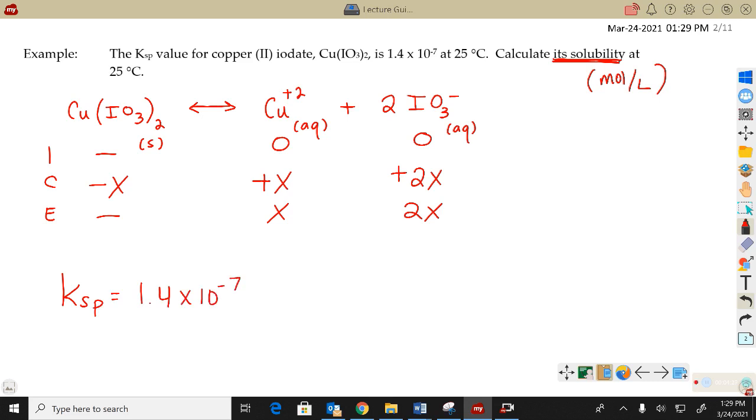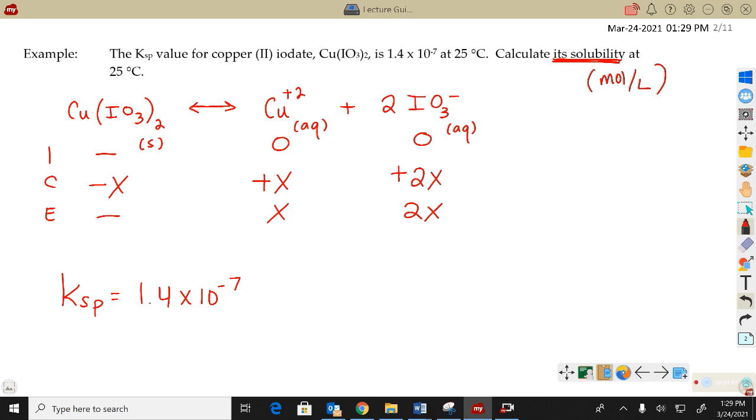Notice that they always give you KSP at 25 degrees. Or in the previous problem, they gave me the solubility at 25 degrees. Because we know that if you increase the temperature of your solution, usually you increase the solubility. More salt dissolves in warm water.